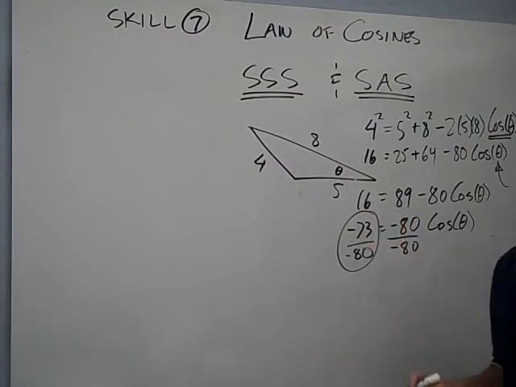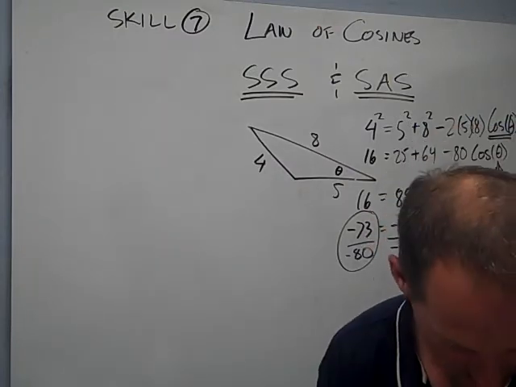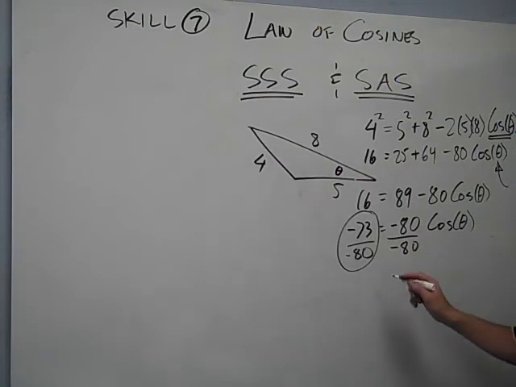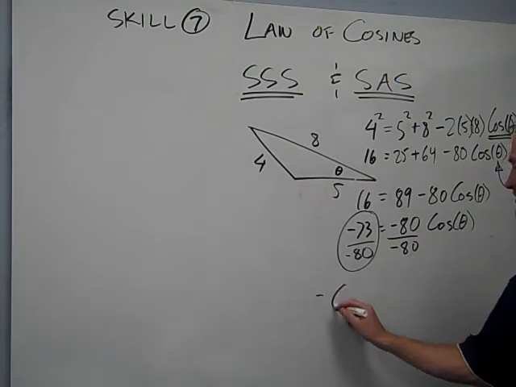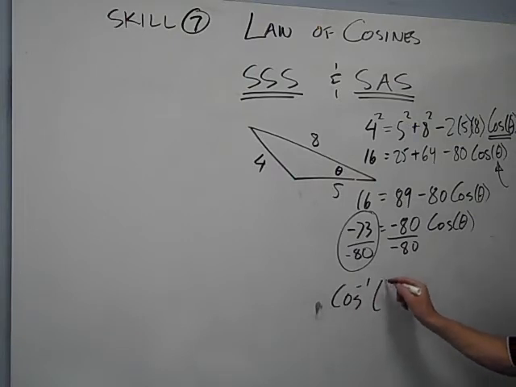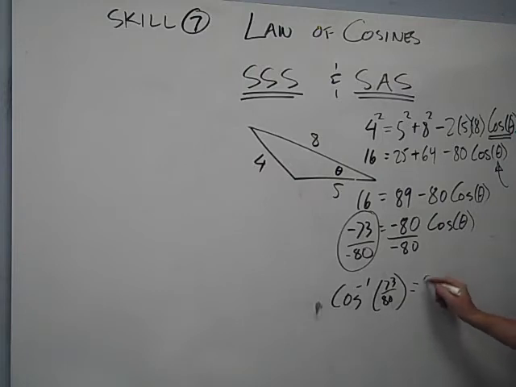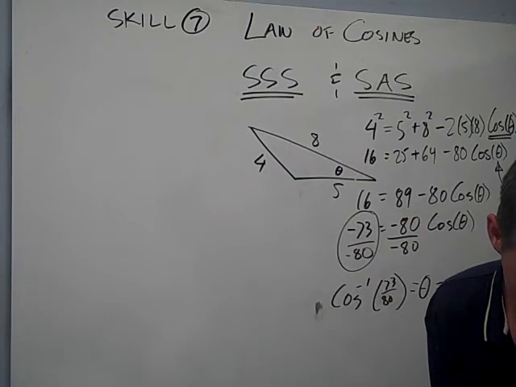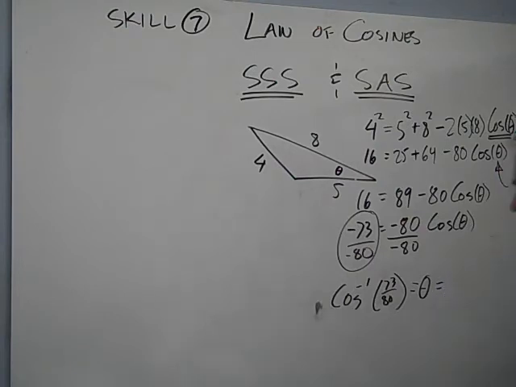And that decimal then is going to be put into my calculator for the inverse cosine. Cosine to the minus 1 of 73 over 80. I'll hit enter and I'll get theta, and that's going to be approximately 24 degrees. So you can check that out. But that gives me my first angle.